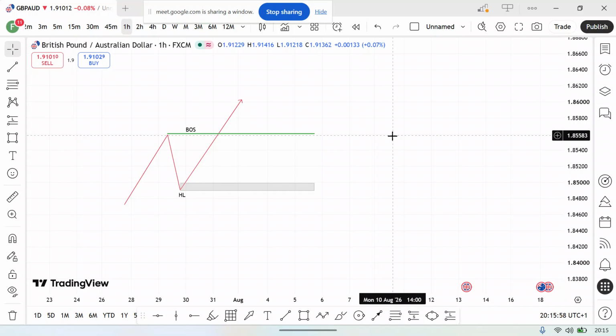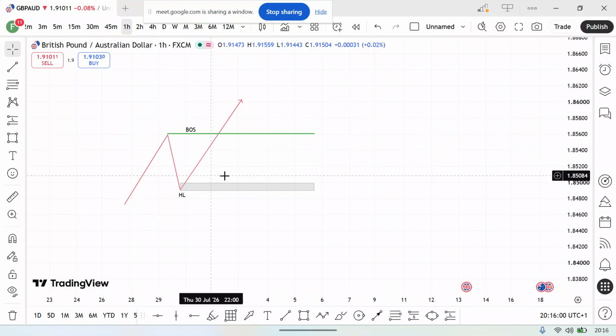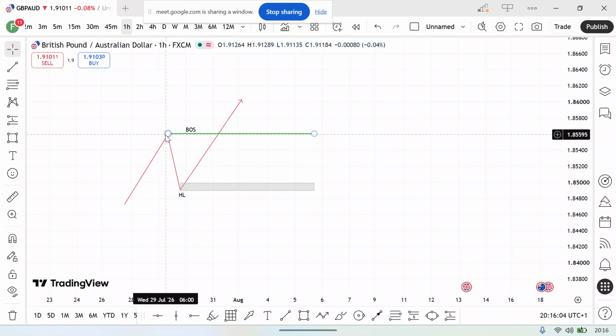Now, this is an uptrend. You've marked out the last higher low that price created, and you've also marked out the most recent break of structure. The higher low you mark out is the one that led to the break of structure. Then you extend the break of structure line to the right side. Now what are you expecting?